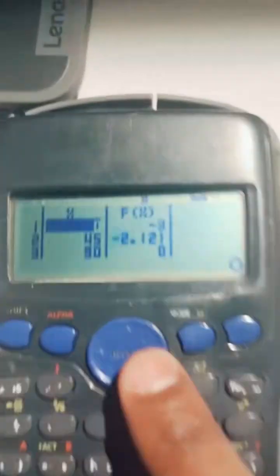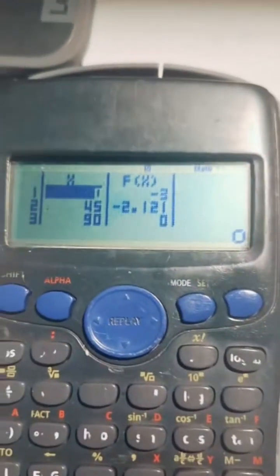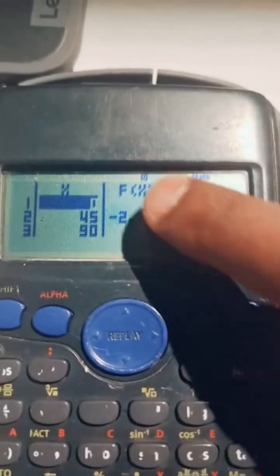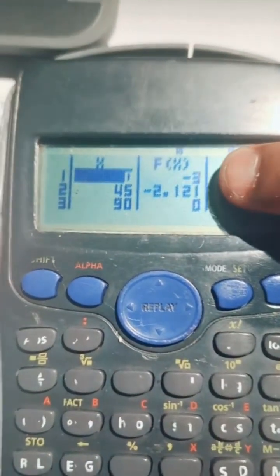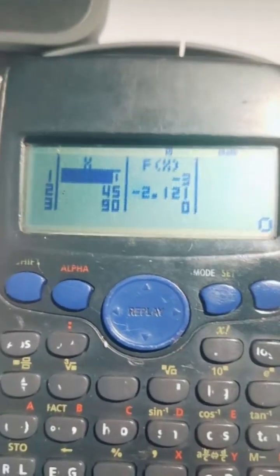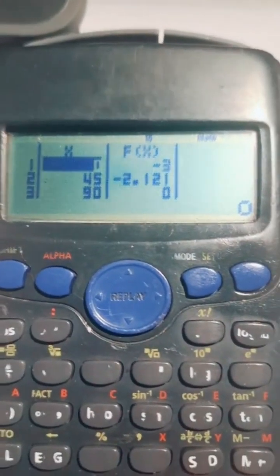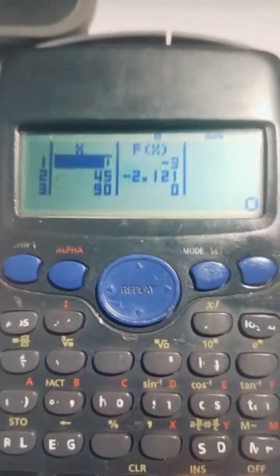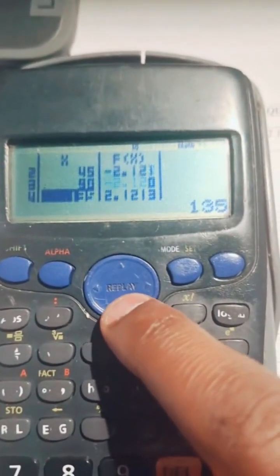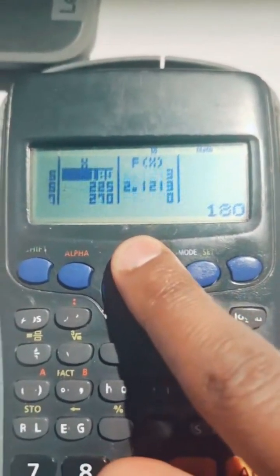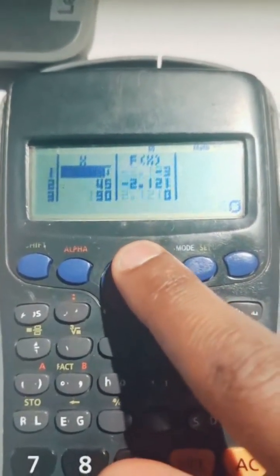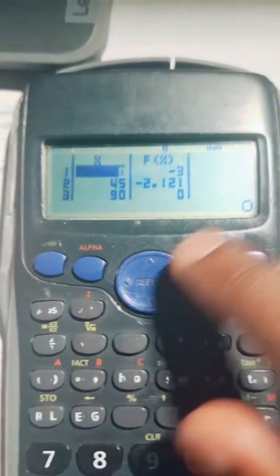Okay. Now, guys, what you see here is the corresponding value when the x value is 0. My corresponding y value is negative 3. This makes life so easy for me. All I do is go up and down and check what all my x values give me when I substitute, the corresponding y values.